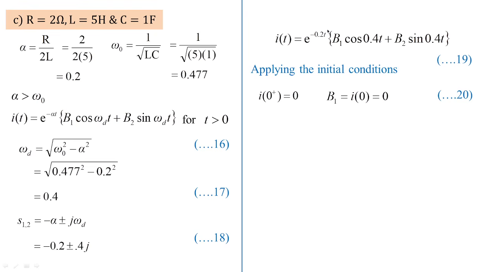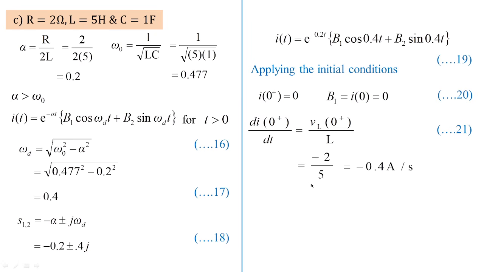So b1 actually in this equation 19 will give you the value as 0. And from the basic differentiation of current for voltage across inductor is given by VL by L, which is minus 2 by 5, because inductor value here it is 5. So this gives you the value as minus 0.4 amperes per second.